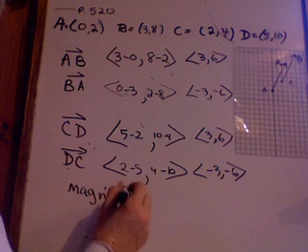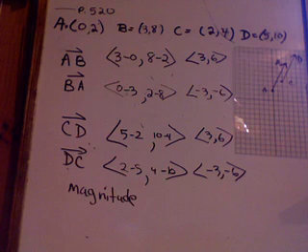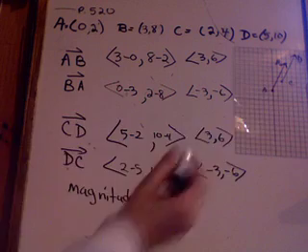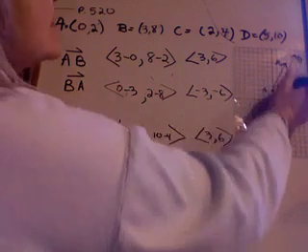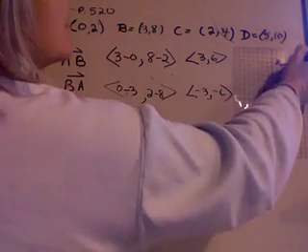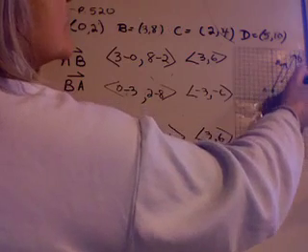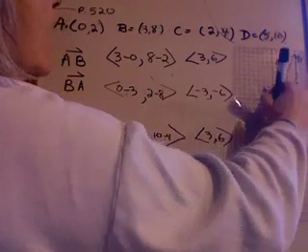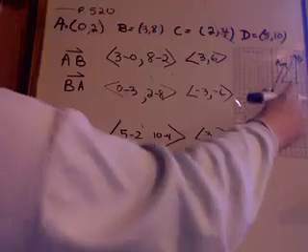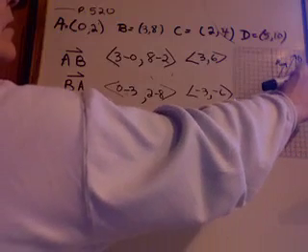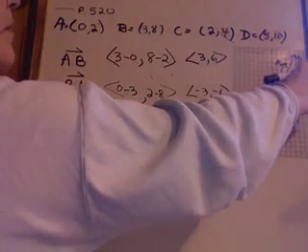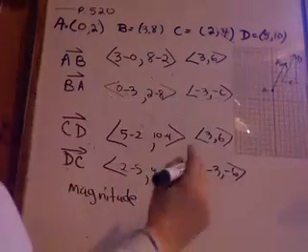How do you think you find the magnitude of the vector? Well, it's really the distance, and if you think about making right triangles here, how would I find the distance of that diagonal? Well, it would be the bottom squared plus this side squared on both of them, correct?